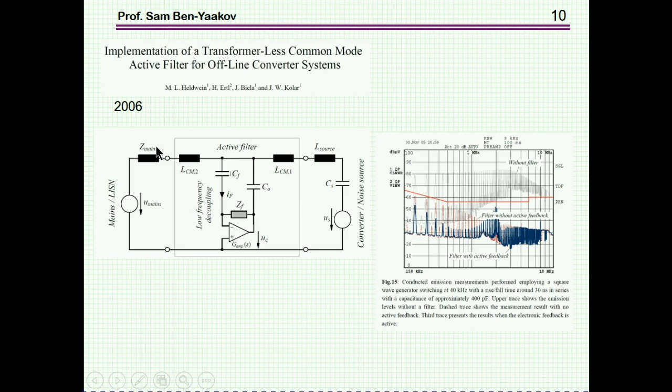Now, a recent paper is using the same idea, although the implementation is a little bit different. We have sensing of the input voltage here, which is then fed to this amplifier, and then generating a current, which is passing through here, and again we have a sinking of the current. So this configuration is very similar, except that the sensing is of the voltage.